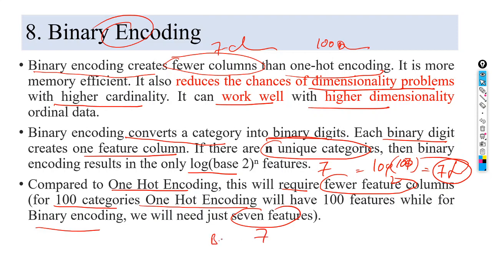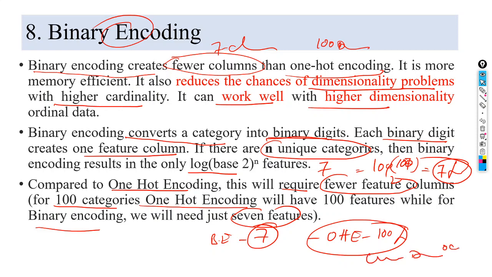So binary encoding with 7 features, whereas one hot encoding needs 100 features, and with 100 features the curse of dimensionality occurs. What happens if the curse of dimensionality occurs? The performance of the model decreases and processing time increases. That leads to consuming more resources in terms of hardware. That's why you have to reduce the features.